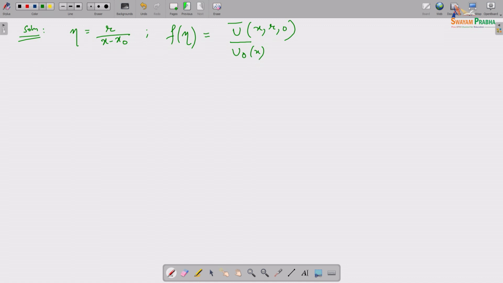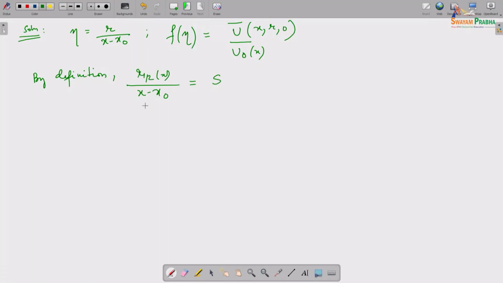Now by definition, r half. So r half by x minus x naught is equal to s, which is the spreading rate.